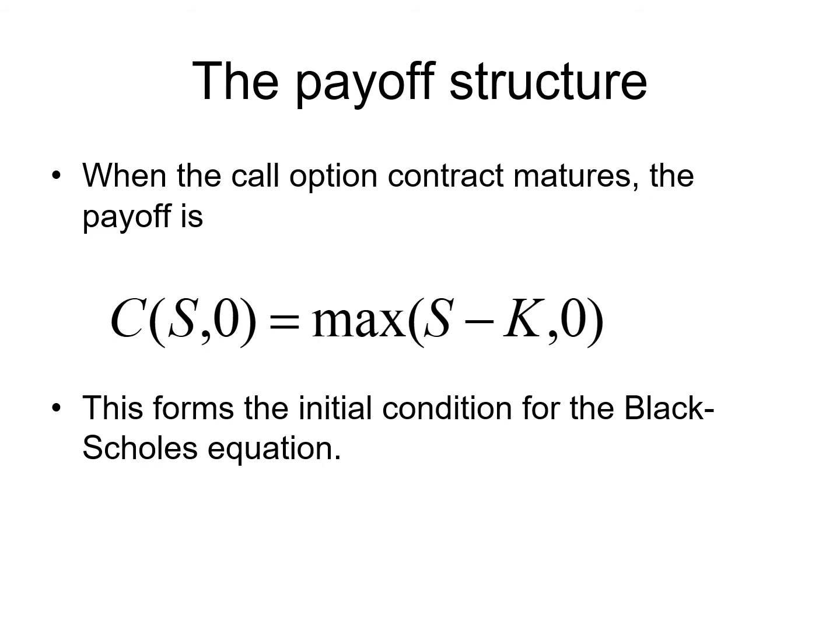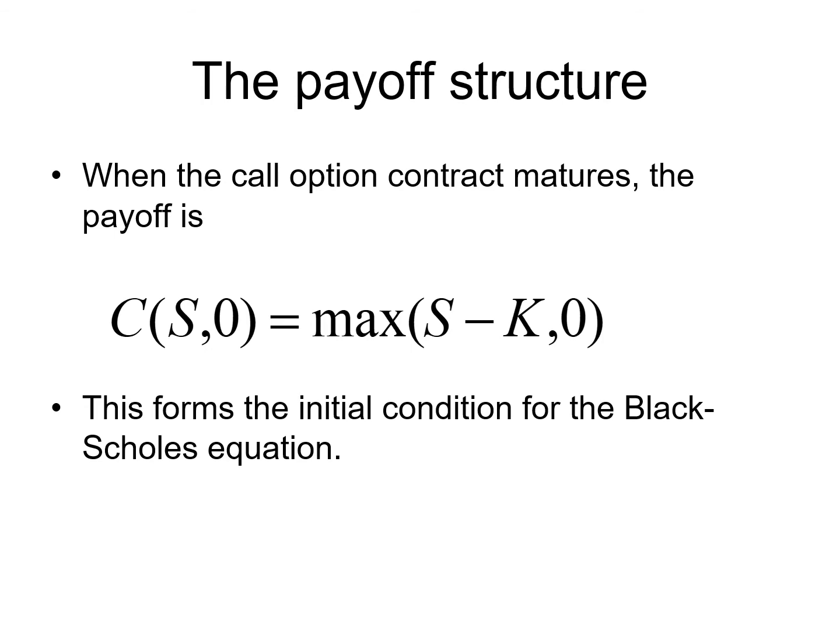The payoff structure of the call option. So we know when the call option contract matures, we know the payoff. Suppose the final price of stock is bigger than the strike price, then the payoff is S minus K. If the final price is lower than the strike price, then the payoff is zero.